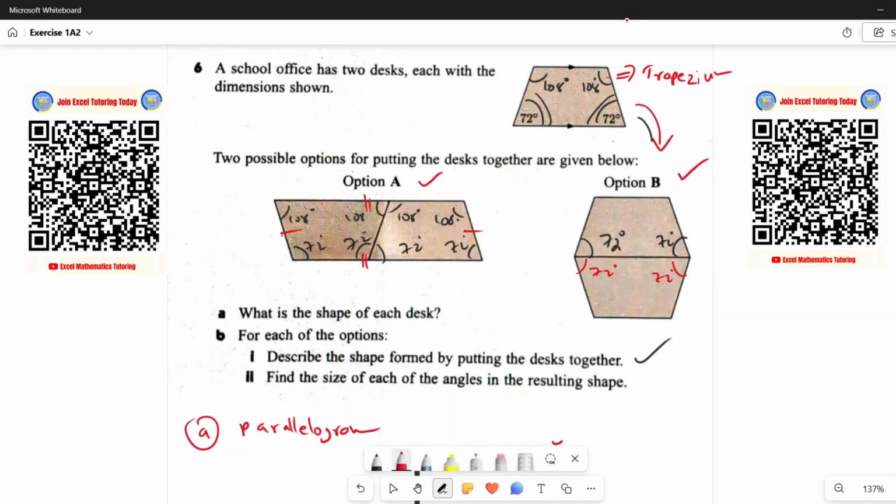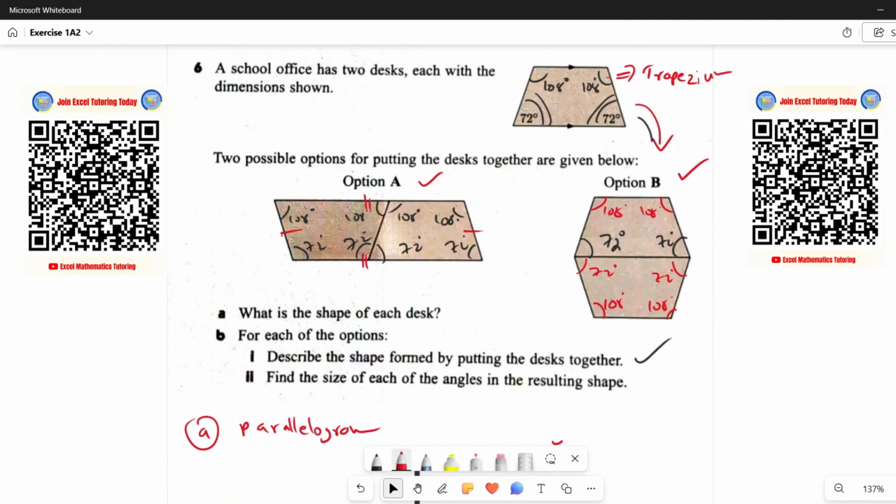And what about this one? 108, and this will be 108, this will be 108. So that's the answer for the last question.